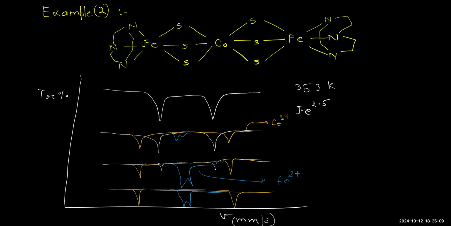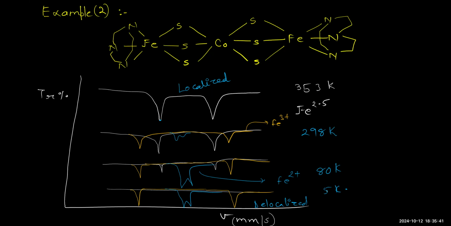That's very clear. That's why the picture is looking that way. So this appears at 298 Kelvin followed by 80 Kelvin and then 5 Kelvin. So what we started with is the 2.5 centers, and we ultimately reach the localized ones. So this is how from the spectra we get to know about the exchange of the two centers, whether they belong to class 1, class 2 or class 3.